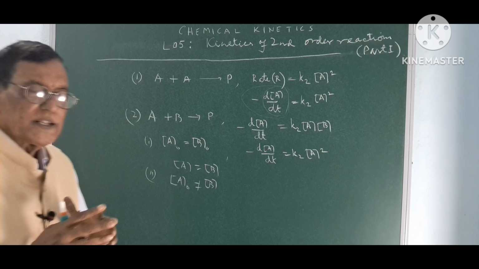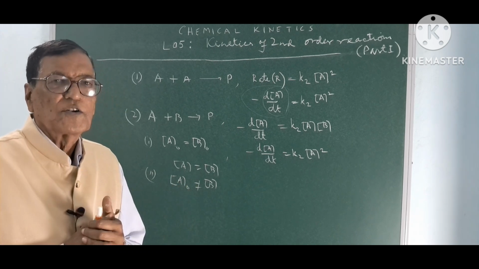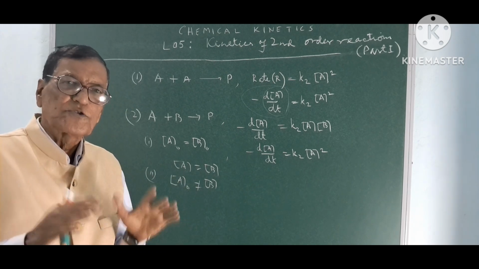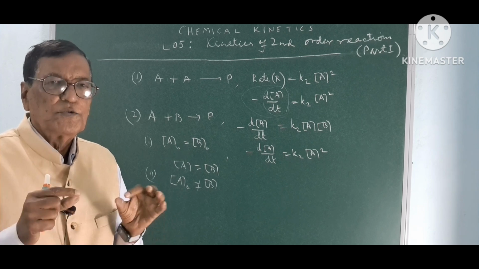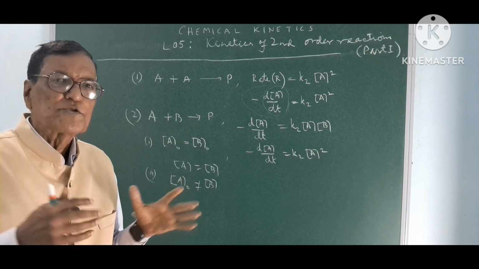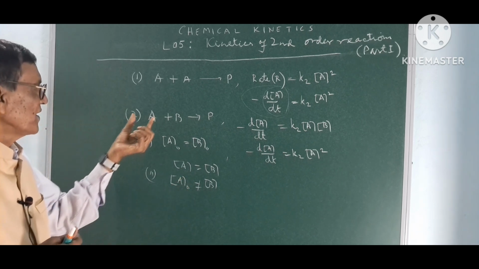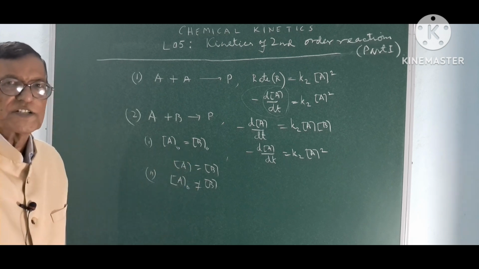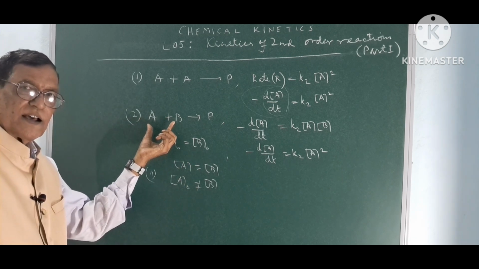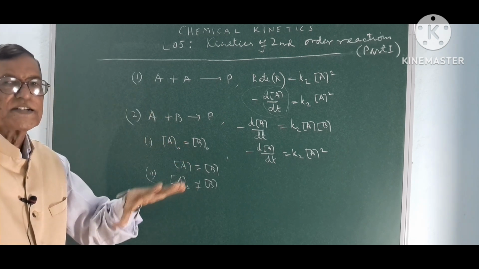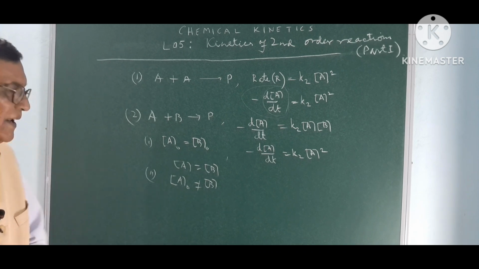The mathematical deductions and also the experimental process are both a little bit difficult. This is why we always keep both the reactants at the same concentration; though they are different reactants, their initial concentrations have been kept equal.